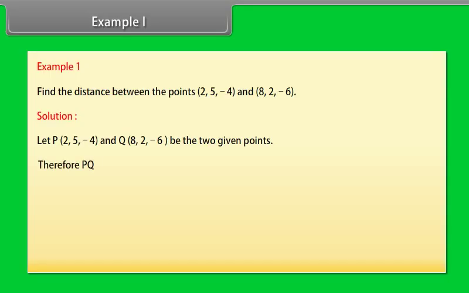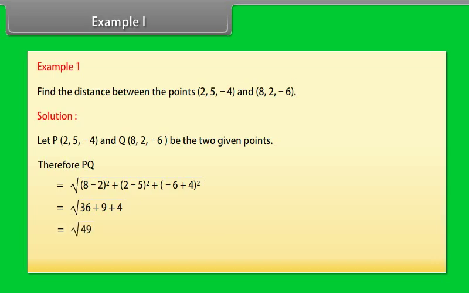Therefore, PQ is equal to square root of 8 minus 2 square plus 2 minus 5 square plus -6 plus 4 square is equal to square root of 36 plus 9 plus 4 is equal to square root of 49 is equal to 7.